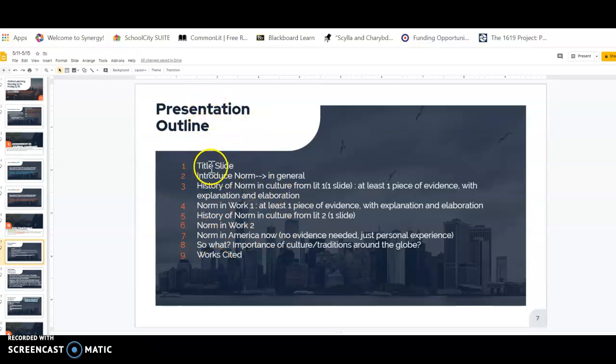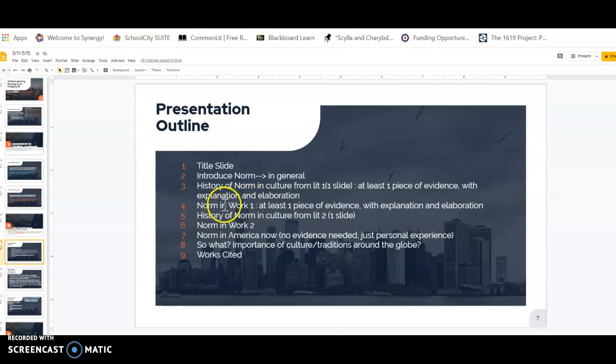So your first slide would be a title, then you'll introduce the norm, you'll introduce the history of the norm and culture. You would have at least a piece of evidence on here with an explanation and elaboration. If it's the history of the norm, you're probably looking at pulling information from your research because this is from all time. Then you're going to include norm from the first work.